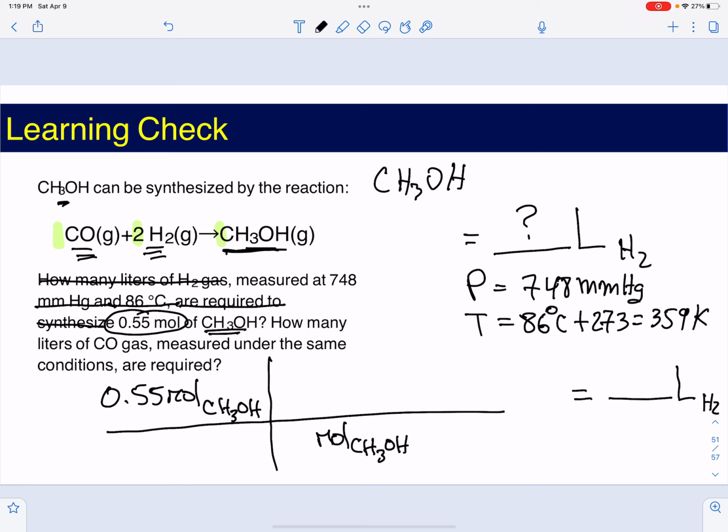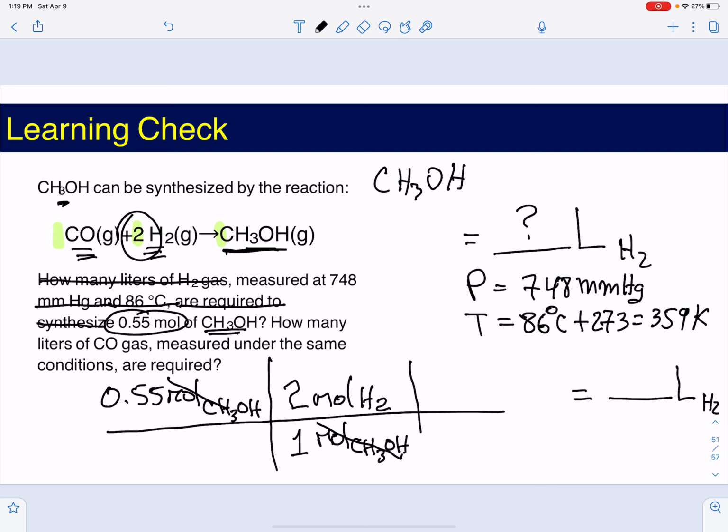We're trying to find the moles of hydrogen gas, right? And according to this balanced equation, for every 1 mole of methanol, you have to have 2 moles of hydrogen gas. So the moles of methanol will cancel.